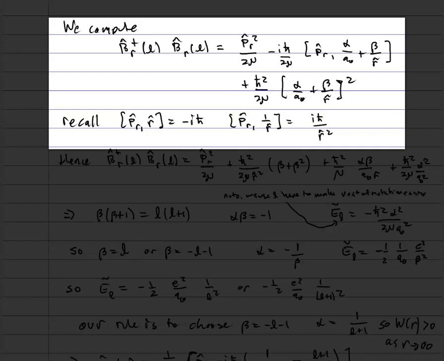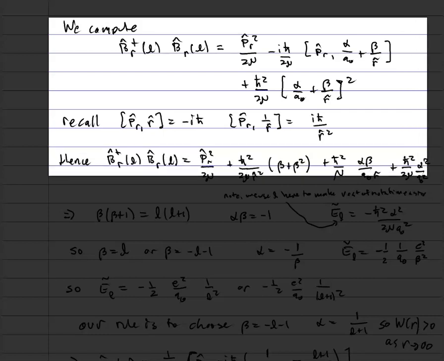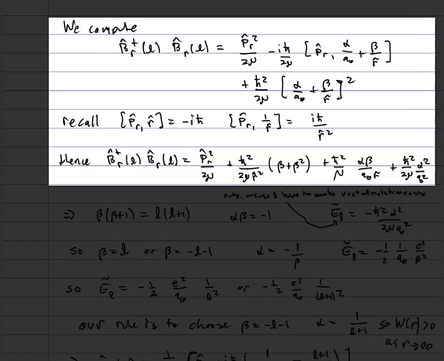Now, if you remember, the commutator of P_R with R hat is minus i h bar because that's a canonical commutation relation. And you can use that to then verify that the commutator of P_R with 1 over R hat is just equal to i h bar over R hat squared. So we're going to substitute that in for the commutator. We're going to expand the square, and what we're going to find is we get the following collection of terms. We have the P_R squared over 2 mu.